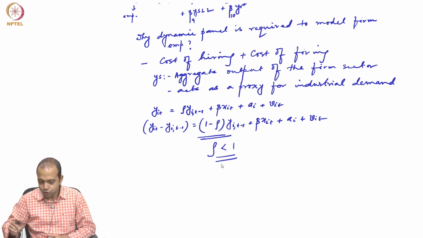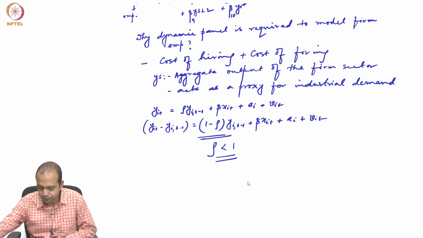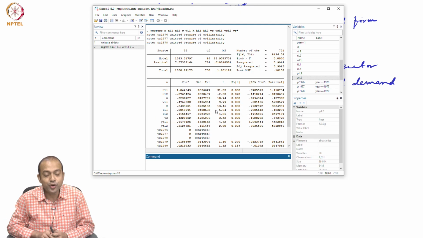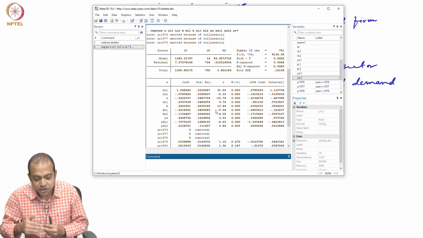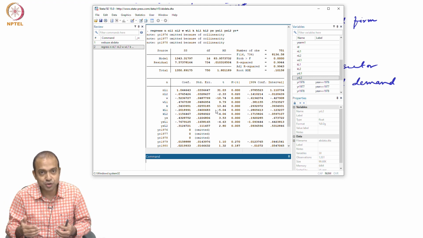So, the moment I see my estimate is 1.04, we can say this coefficient is not supporting my theory. Rho cannot go beyond 1, right. So, it is basically an overestimated value.